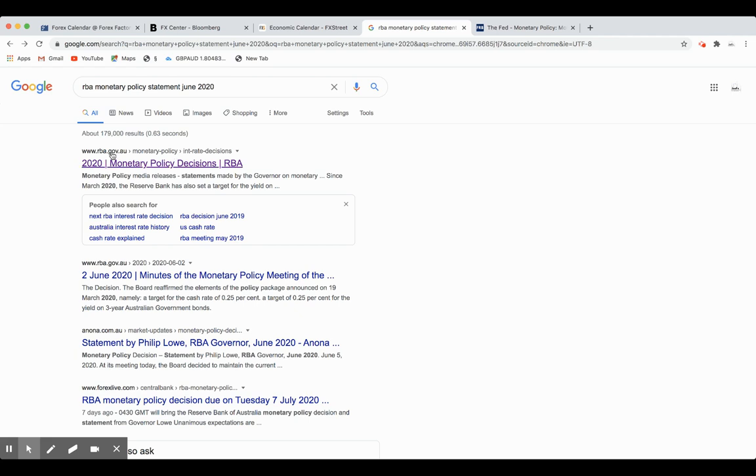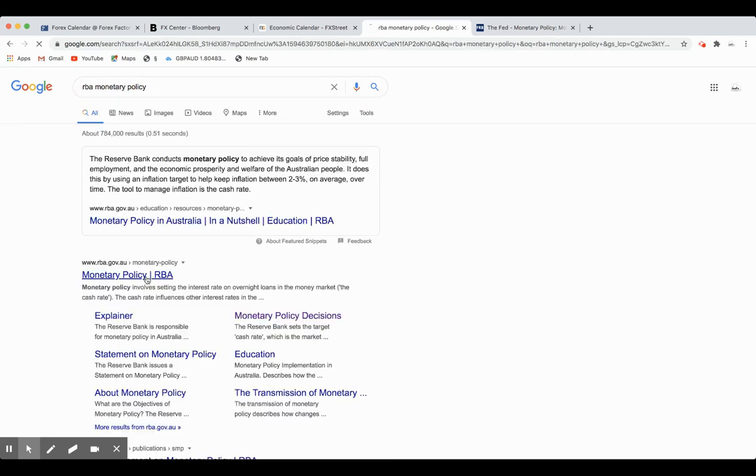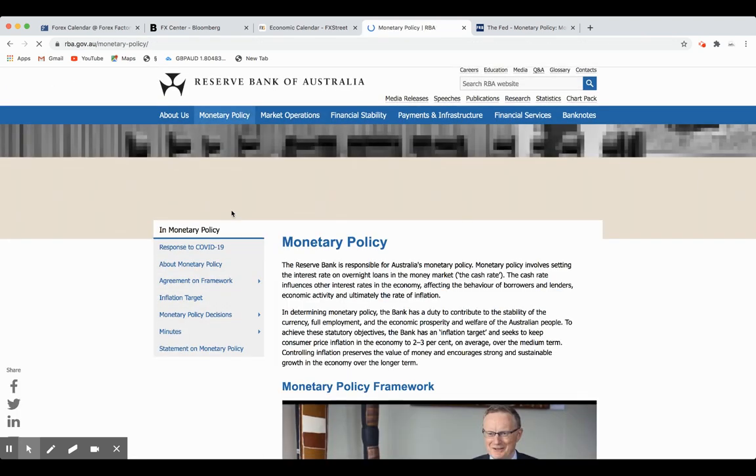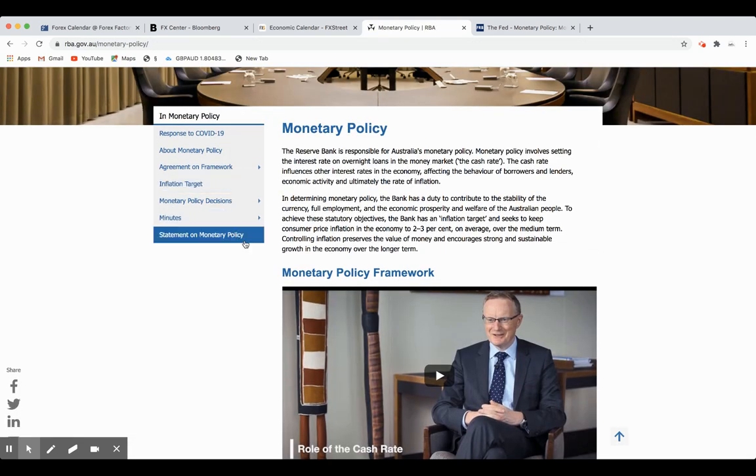The government websites normally have these listed. For example, we've got the RBA website here, which is the Reserve Bank of Australia's website. If we were to just type in this, jump on here, and we can actually go and check out the statements, right?